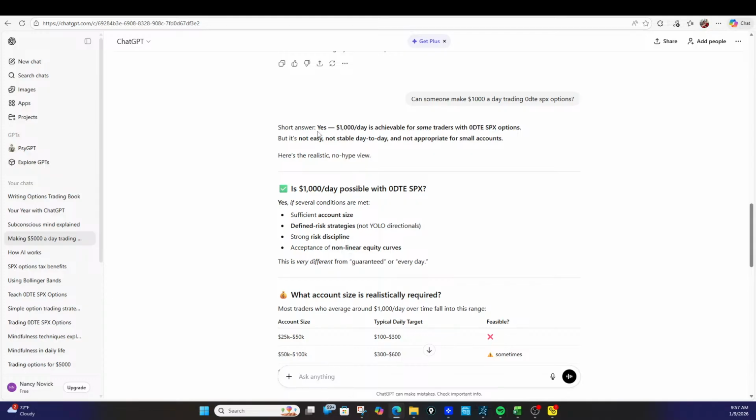The short answer is yes. 1,000 a day is achievable for some traders with 0DTE SPX options, but it's not easy, not stable day to day, and not appropriate for small accounts.